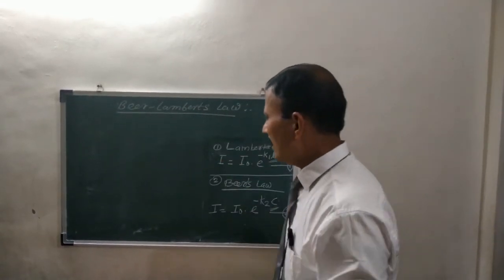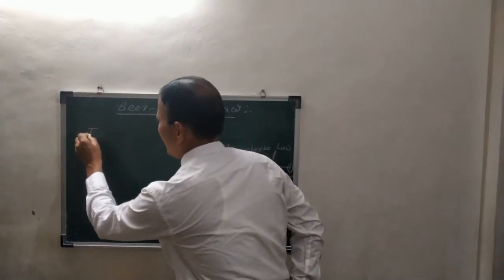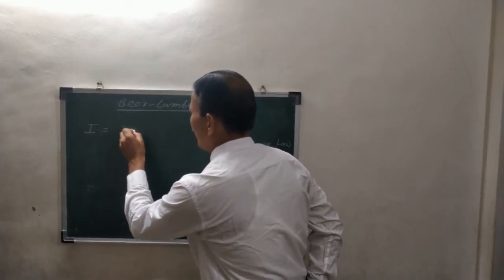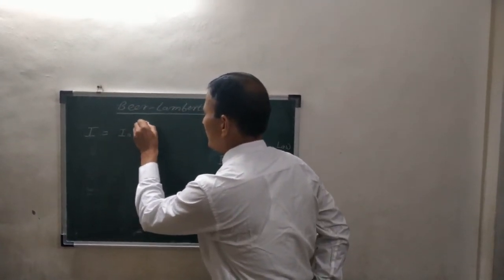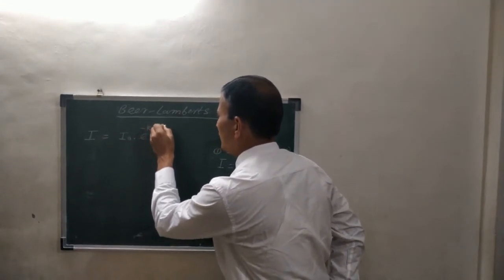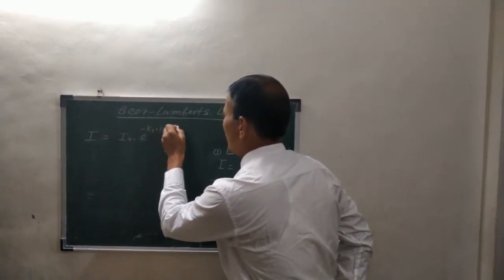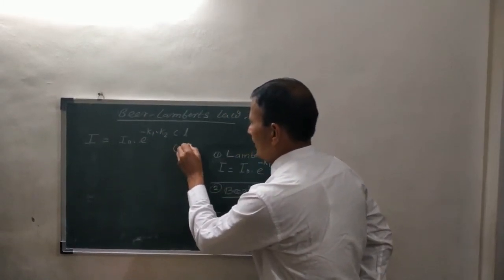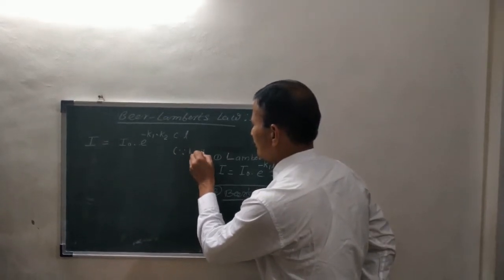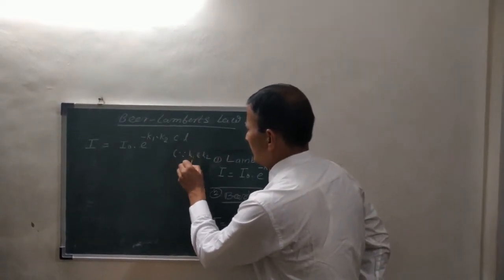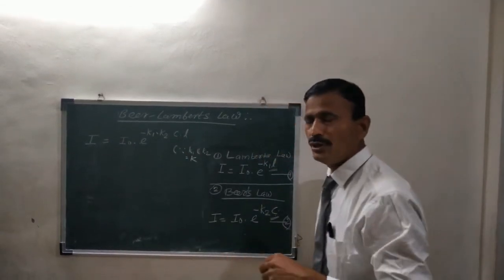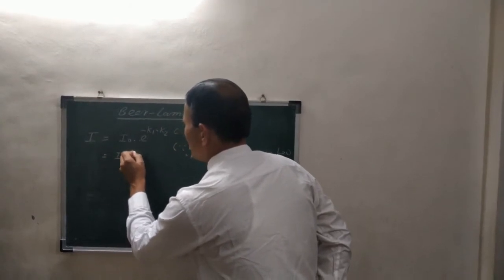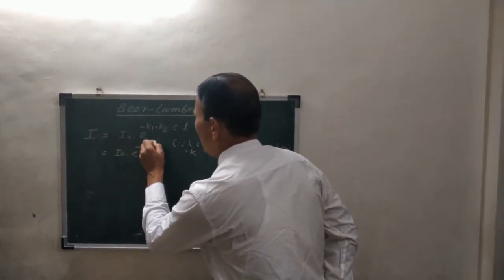So now we write the combined equation: I is equal to I0, decreasing exponentially with respect to concentration and path length, the terms C and L. Since K1 and K2 are constant, we can write a common K for these two terms, so I is equal to I0 exponential of minus K C L.